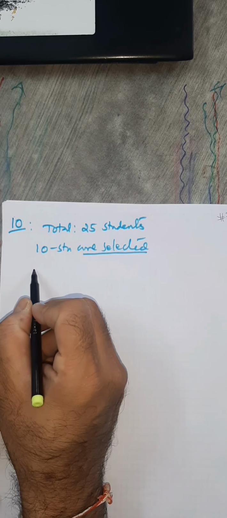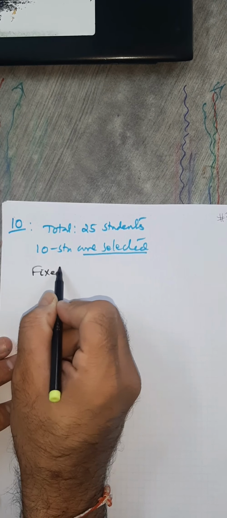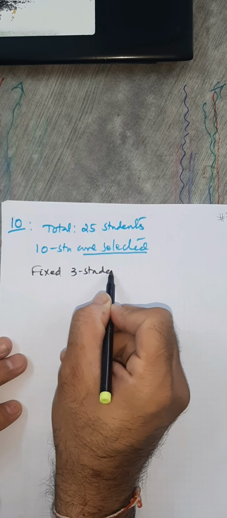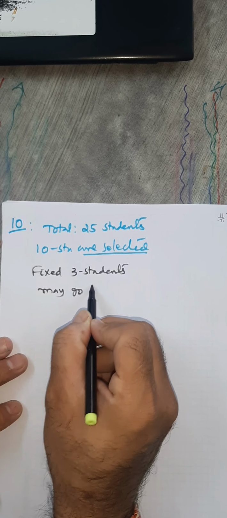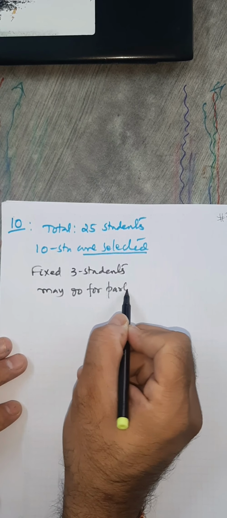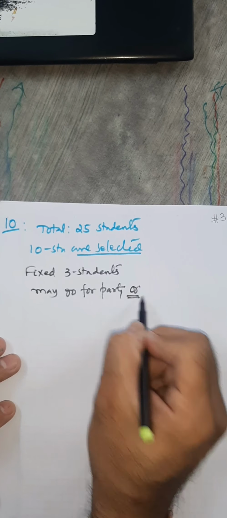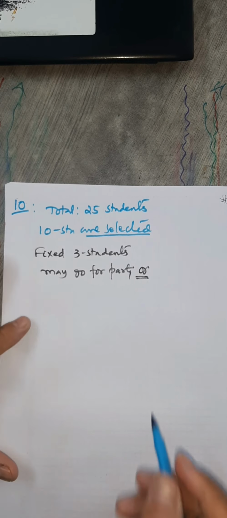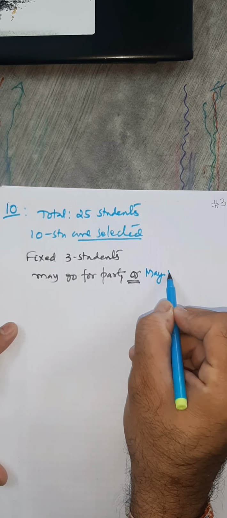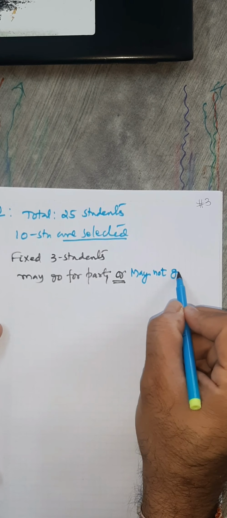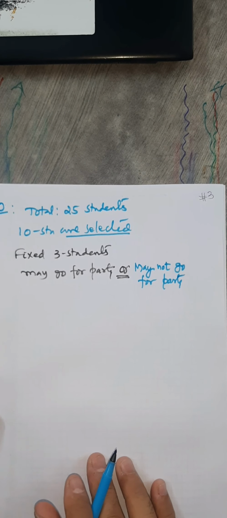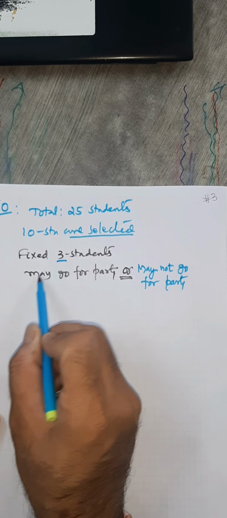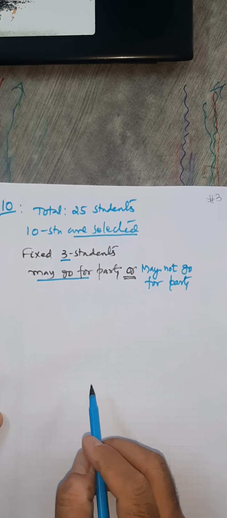So some fixed 3 students may go for the party, or may not go for the party. All together, remember. Either all of them will join the party or none of them will join the party, remember.